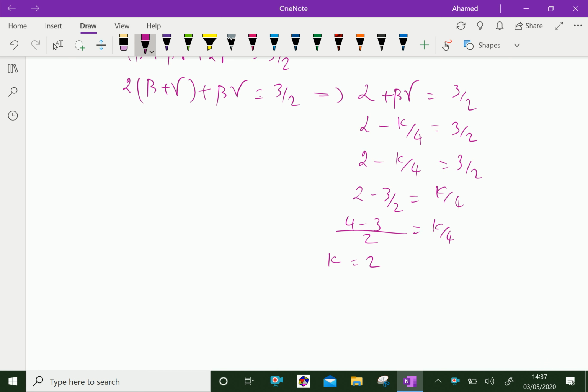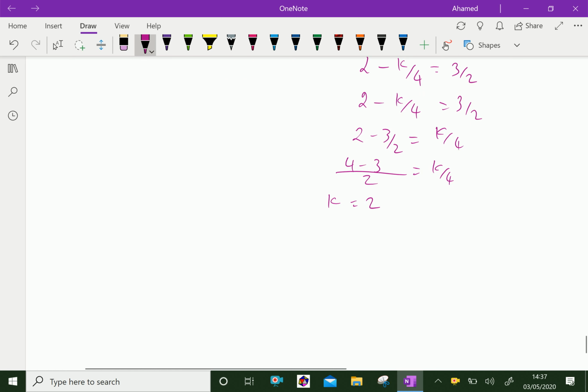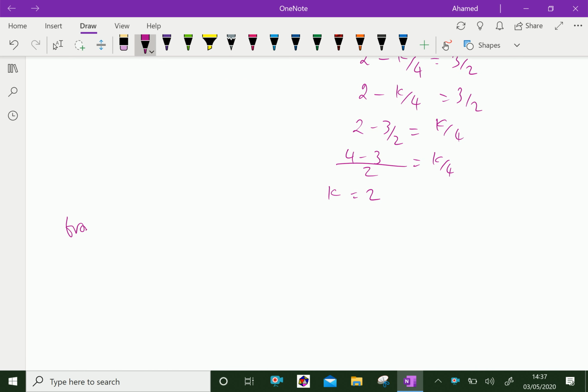Now from 2, we have beta gamma equal minus k by 4, and k is already 2, that is minus 2 by 4, which gives beta gamma is minus half.